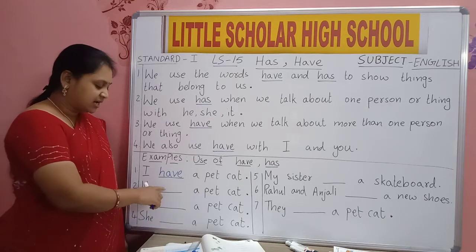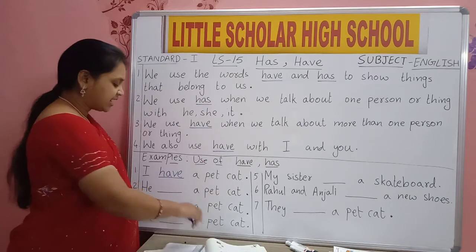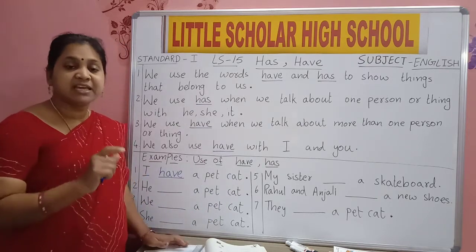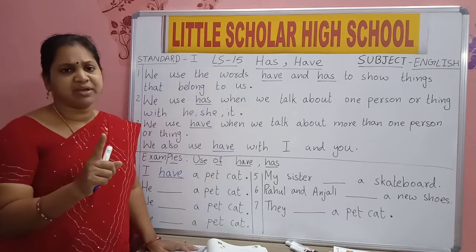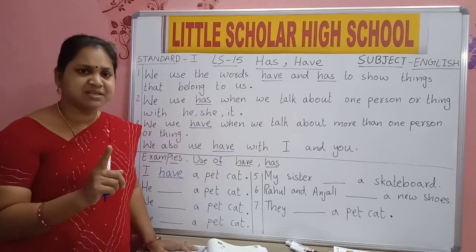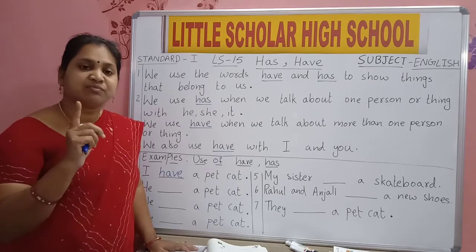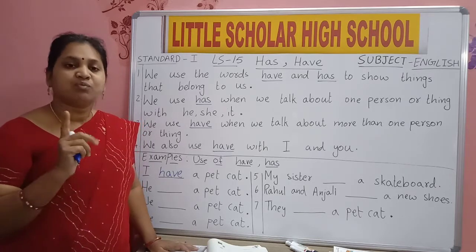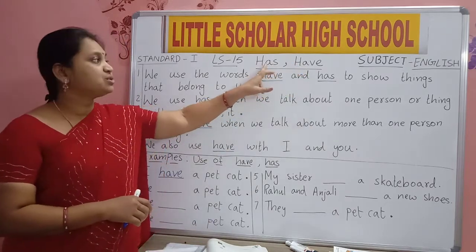He dash a pet cat. He means how many? Here he means only one boy. He means we are talking about only one person. When we are talking about one person, one thing, one girl, what should we use? We should use has.